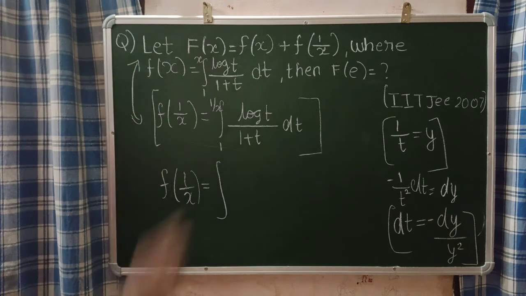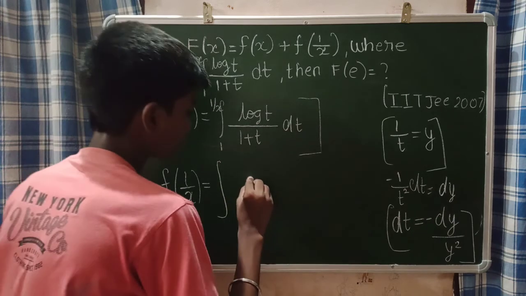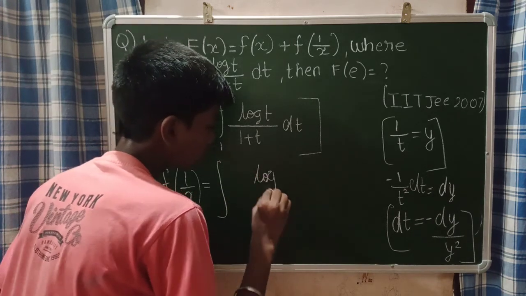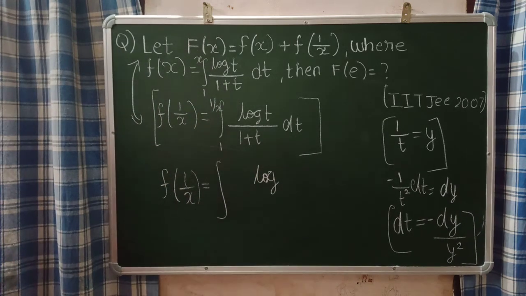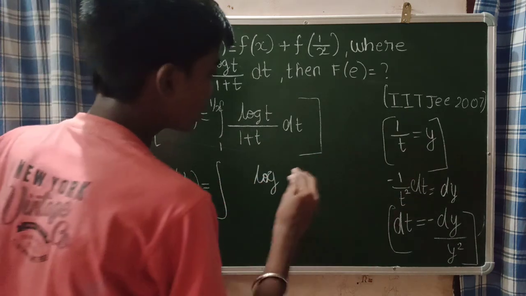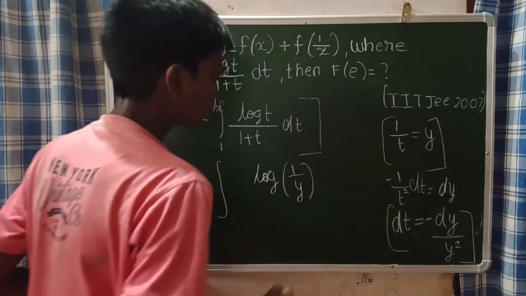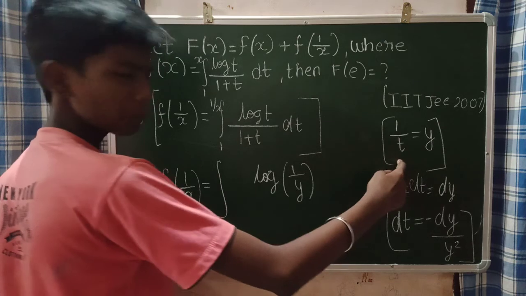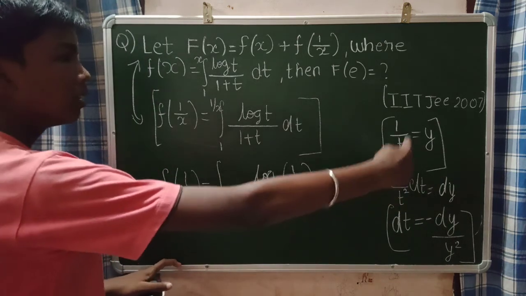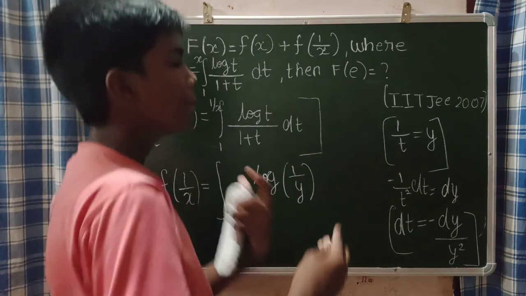So using this information, I can write this f of 1 by x integral as integral of log of t. What is t? If 1 by t is equal to y, then your t will be nothing but 1 by y, because I took your 1 by t as some y.